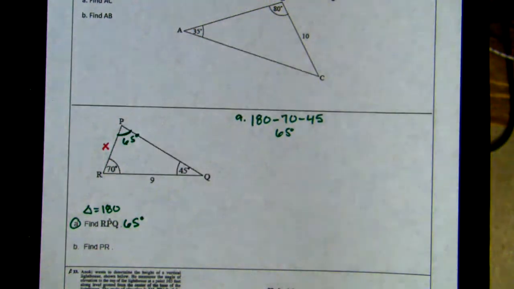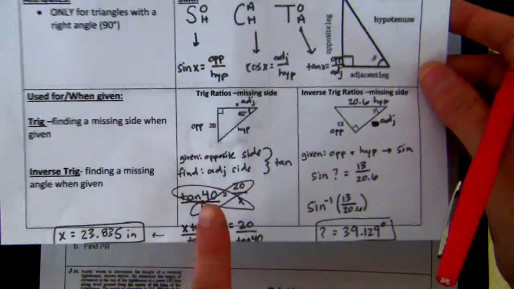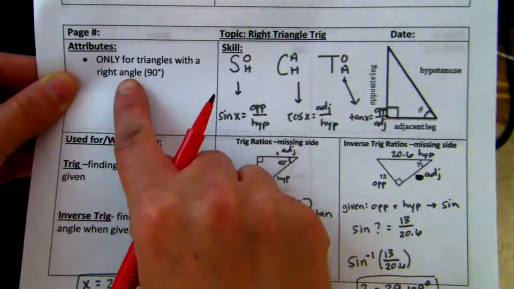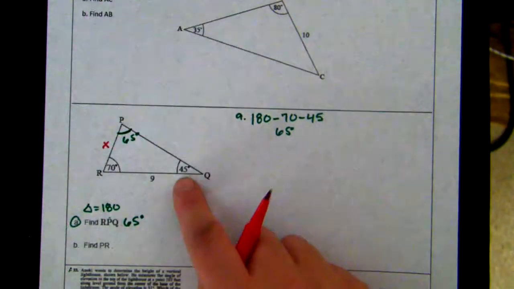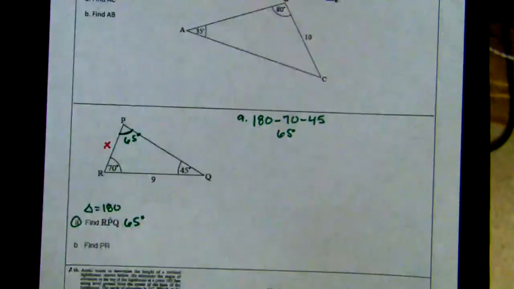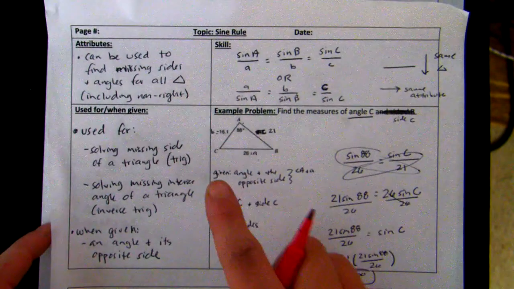So I again bring out my triangle toolkit. I already used my first tool to solve all my angles. Now I'm going to look at SOHCAHTOA. The only problem here is SOHCAHTOA only works for right triangles. There's not a 90-degree angle, so I can't use SOHCAHTOA. So I'm going to look instead at my next sheet, sine rule.